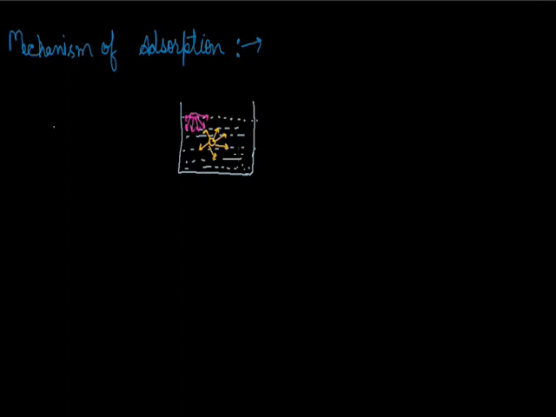As a result, these molecules at the surface experience some net inward force of attraction which causes surface tension. So we can say that the surface molecule causes surface tension.